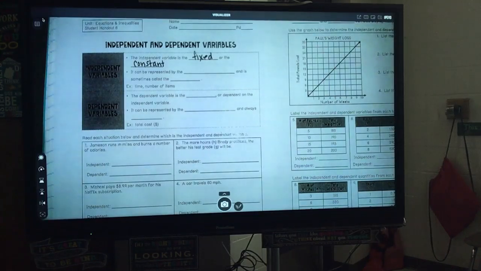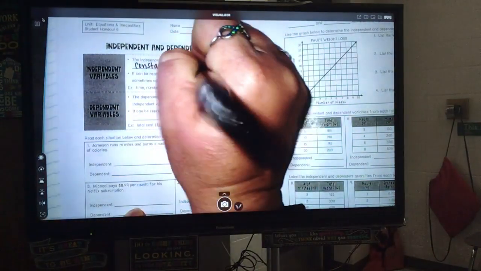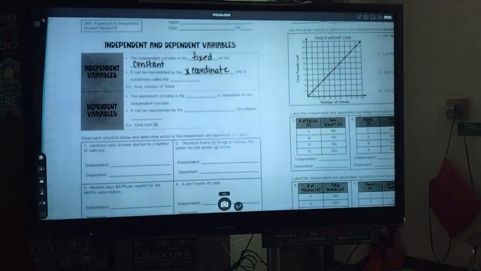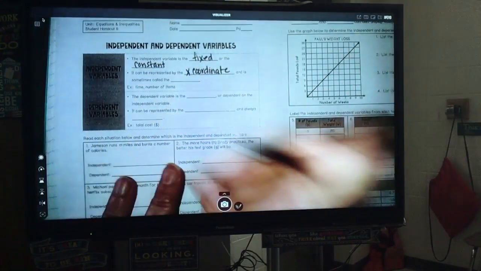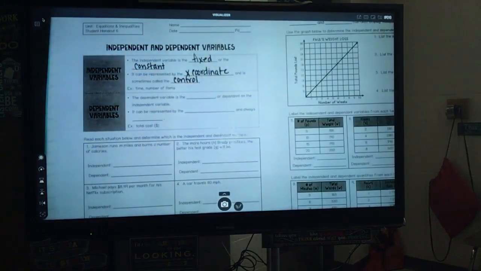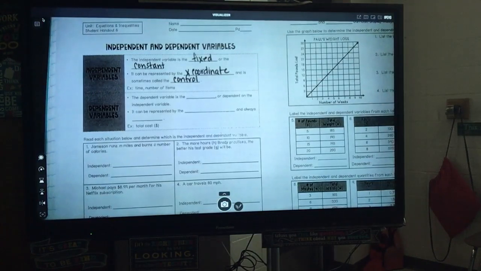It can be represented by the x coordinate, or it is sometimes called the control, which you may have heard about independent and dependent variables in science. Some examples: time, number of items, and so on and so forth.